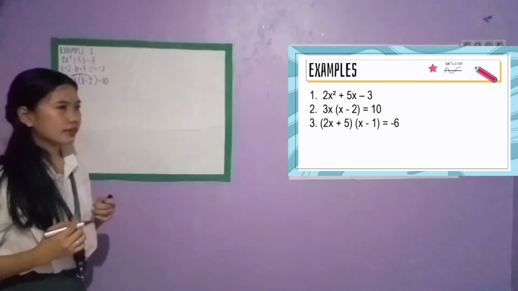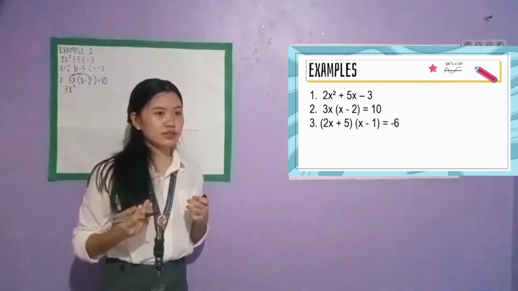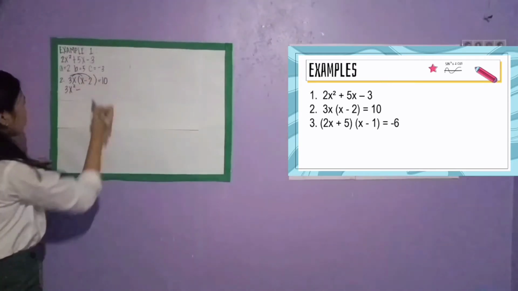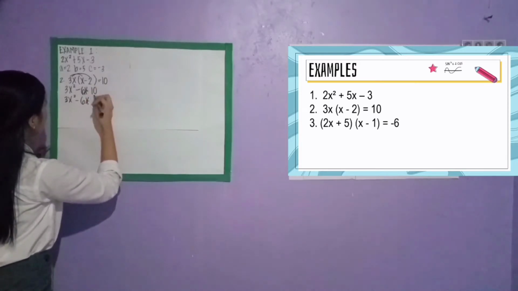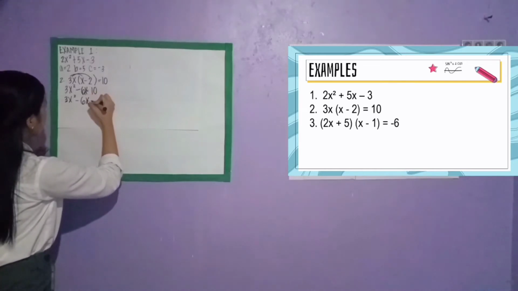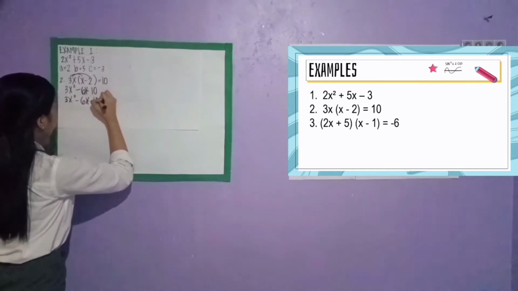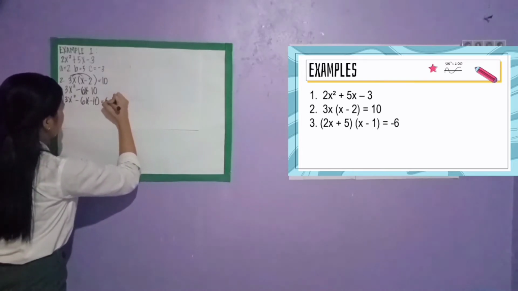If you multiply negative to positive, it will be, yes? Okay, very good. It will be negative. So if we move 10, it will be negative 10. And 0.